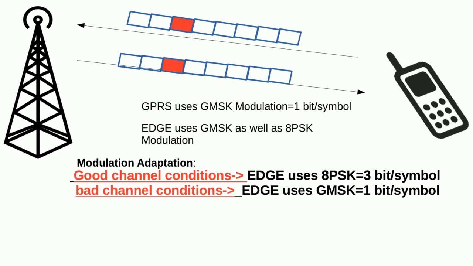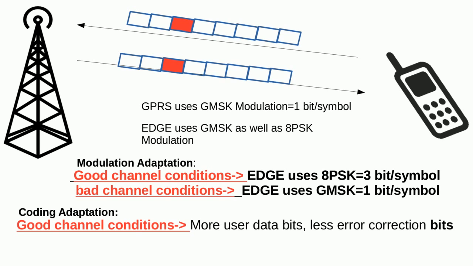But in Edge, not only do we use modulation adaptation, but we also use coding adaptation. What is coding adaptation? For example, the channel conditions are good, and the mobile station is using this time slot either in the uplink or in the downlink.